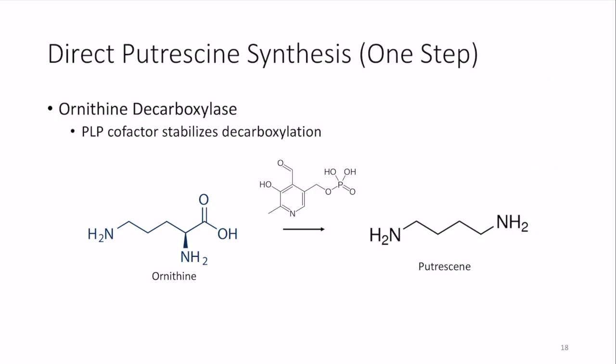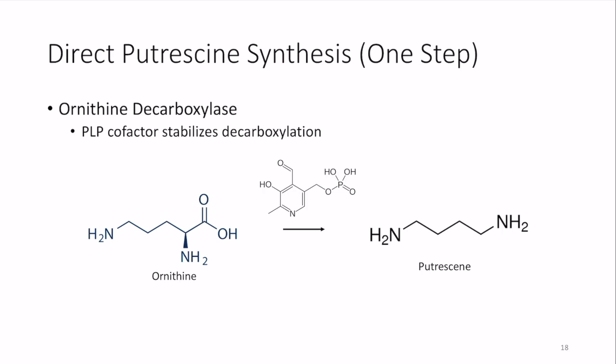This starts with the molecule ornithine. Basically what is happening here is a decarboxylation. This enzyme, ornithine decarboxylase, for the direct synthesis of putrescine, uses a PLP cofactor to stabilize the decarboxylation of ornithine.